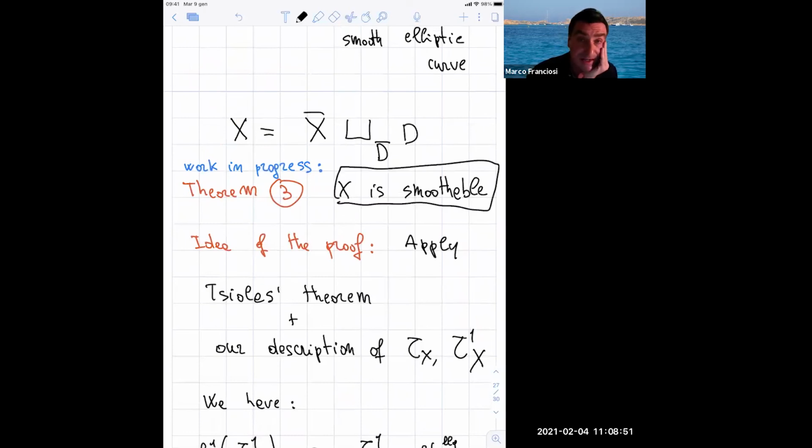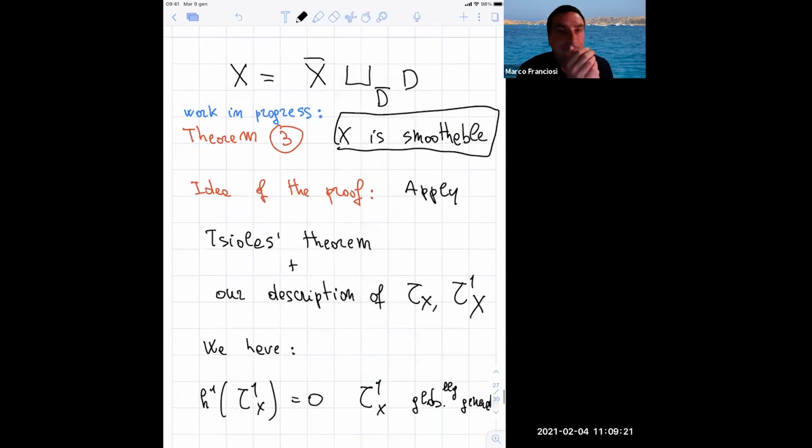This is our result, and the motivation of our computation is to prove that Godeaux surfaces built in this way are smoothable. Godeaux surfaces are semi-smooth surfaces, and we have to build the tangent sheaf and T1 of X in order to study this. This is our main application.